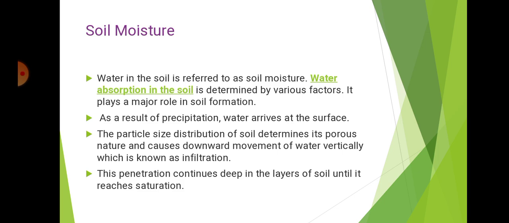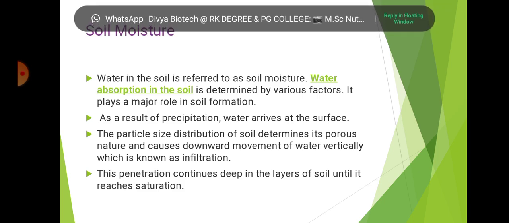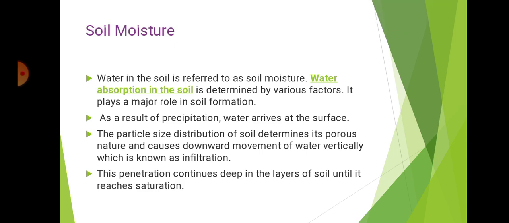As a result of precipitation, water arrives at the surface. The particle size distribution of soil determines its porous nature and causes downward movement of water vertically, which is known as infiltration.